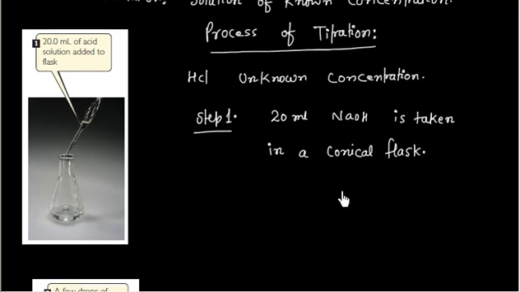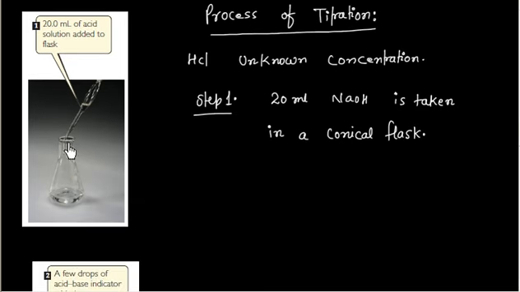We can always measure 20 ml by pipette, and this 20 ml acid solution has been taken into the flask. Basically this is not NaOH, let us say HCl, because we have said HCl of unknown concentration. So we have to take 20 ml HCl solution in a conical flask.